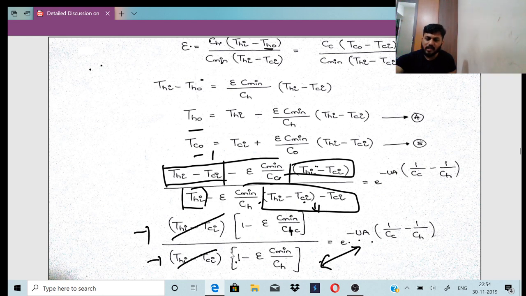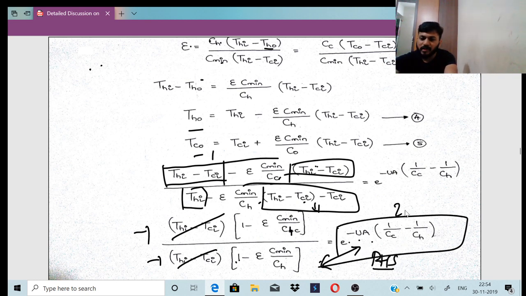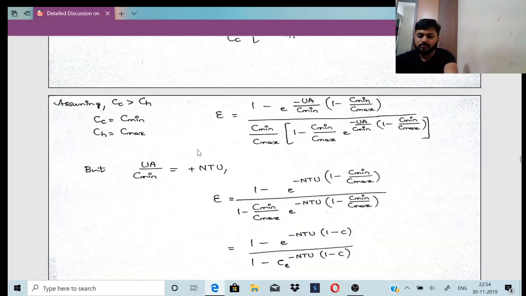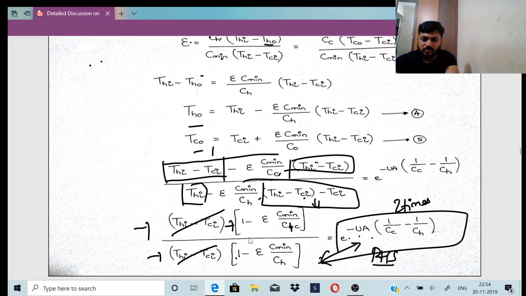So e power minus UA will be repeated two times on the right hand side. So what will our next equation be? e power minus UA will get repeated 2 times, right? So 1 minus epsilon C minimum, this will remain on the left hand side, right?